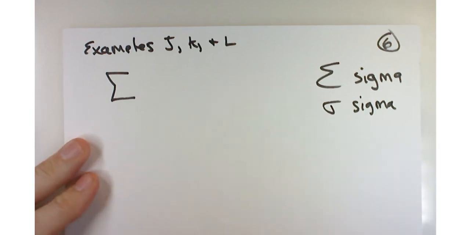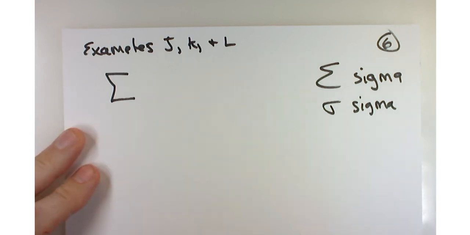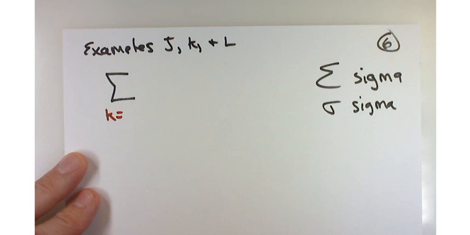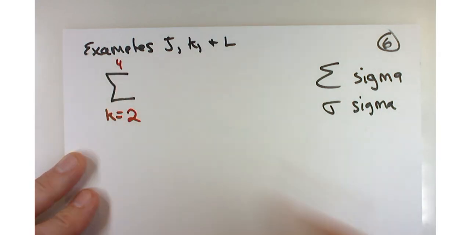But for what we're doing here, this again kind of has some roots in programming, kind of like a for loop or a while loop or a do loop. The notation is the sum from k equals 2 to 4 of 1 over k.